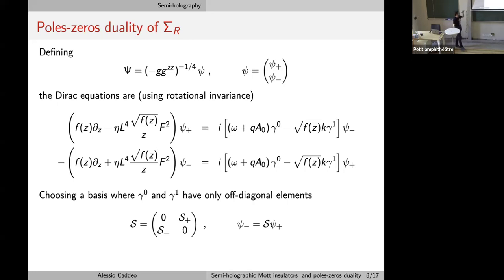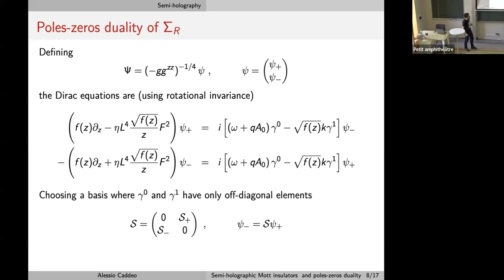The general idea is to write the Dirac equations in a clever way, using some tricks, especially using rotational invariance to align the momentum in one direction, and then also choosing a clever basis for the Dirac matrices, such that the equation of motion, when we use this representation for the spinor in which we have two components, chi plus and chi minus, takes this form, in particular with a matrix S with only off-diagonal elements.